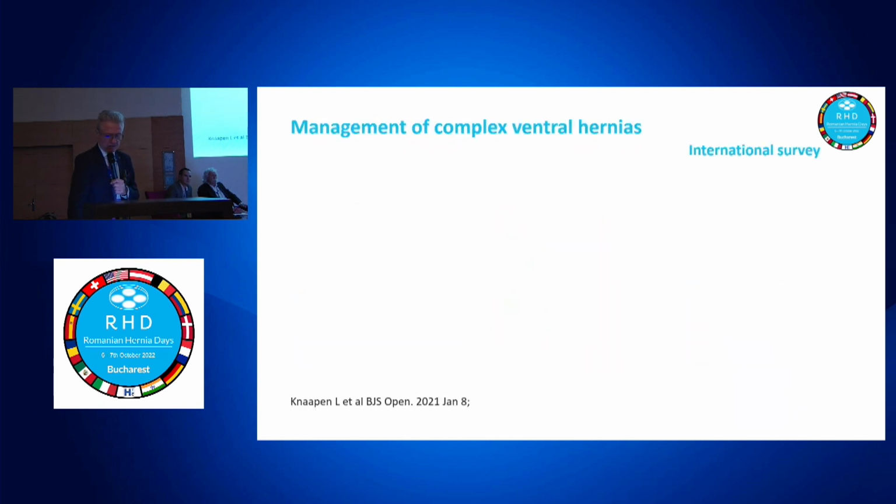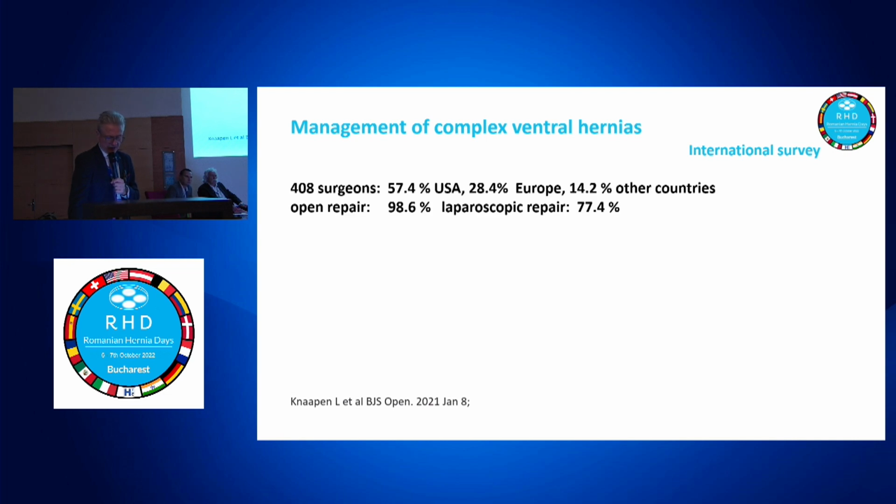So looking at this survey, this was done 2021, and you see there were included 408 surgeons from Europe, USA and other countries. Looking, most of them did the open repair, but as well 77% also laparoscopic repairs.